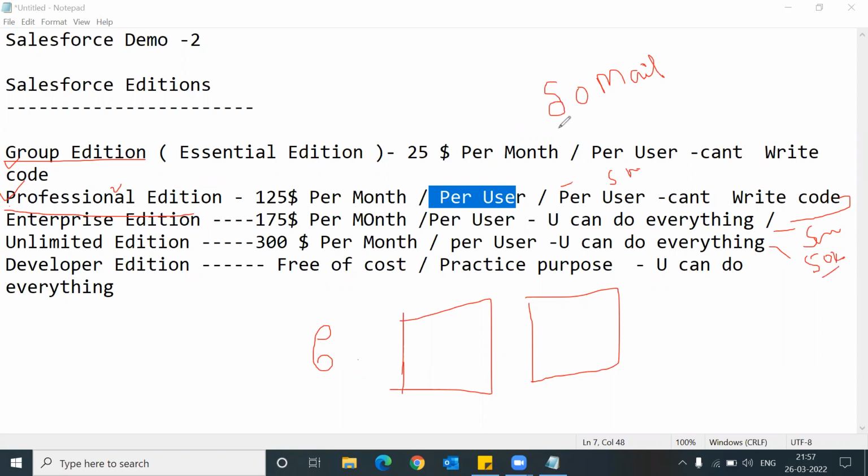It is just the features that increase or decrease across editions.